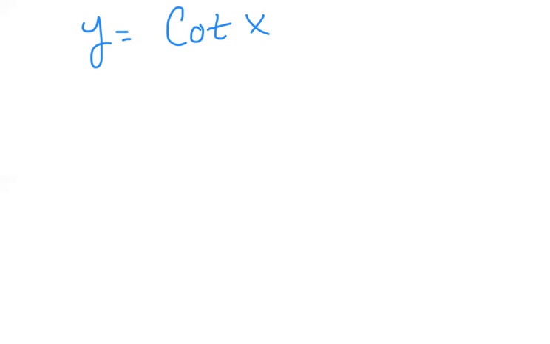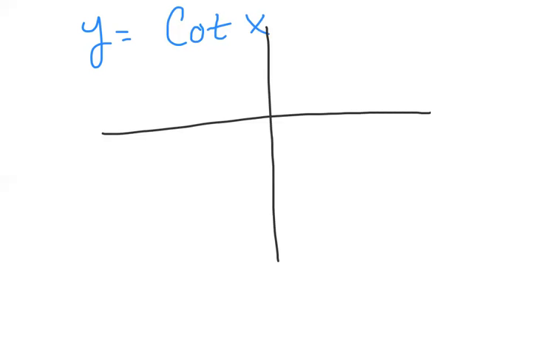So first, let's go to the xy plane. Now remember, this graph repeats every pi units. I'm going to drop a negative pi over here. My pen is not writing, guys. This one repeats every pi units.